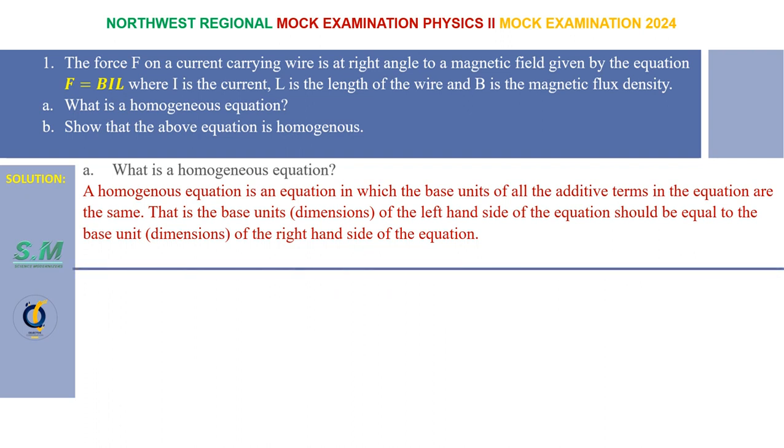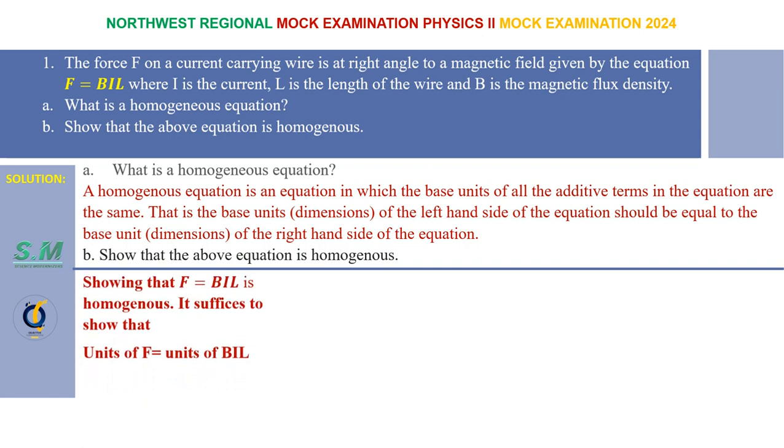Okay, the next part says show that the above equation is homogeneous. Now, to show that F = BIL is homogeneous, it suffices to show that the unit of F is equal to the unit of BIL, where B is the magnetic flux density. For the unit of F on the left-hand side, we can use Newton's second law, from where we get F = ma, the mass times the acceleration of the body.